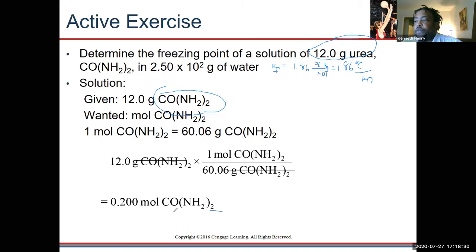Then how do we calculate the kilograms of water? Convert grams to kilograms, right? So 250 grams of H2O divided by 1,000 grams equals 1 kilogram.